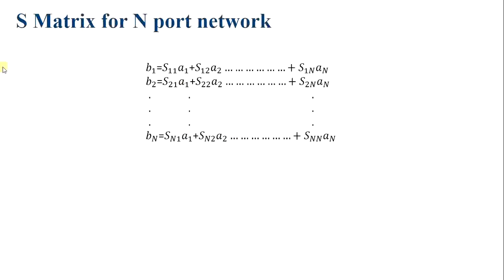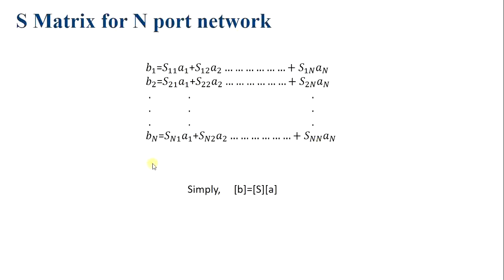Now coming to the S matrix for an n-port network, if we have B1, B2 and so on up to Bn reflected waves, the S parameters and the input waves are given with these equations.